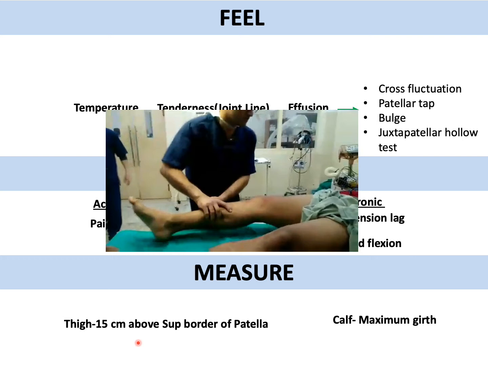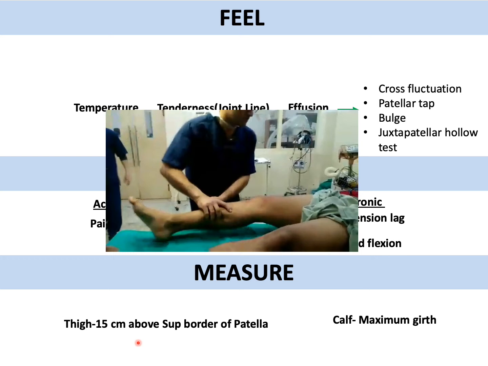Well, measurement is another important aspect of any examination of the knee joint, right? So when you're measuring, we want to measure the girth of the thigh and also the girth of the calf. The girth of the thigh is measured approximately 15 centimeters above the superior border of the patella.